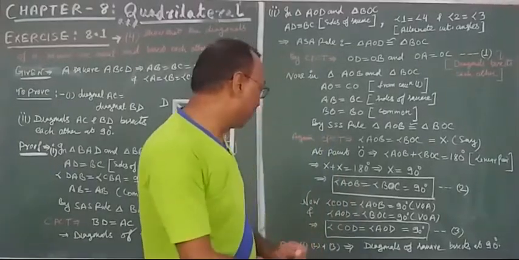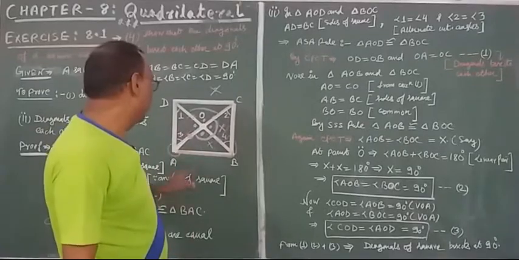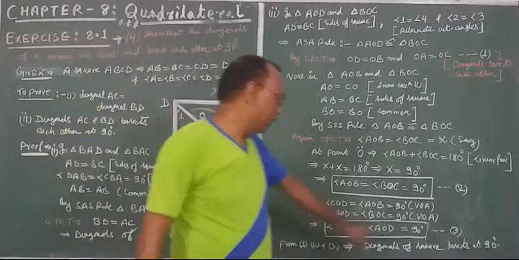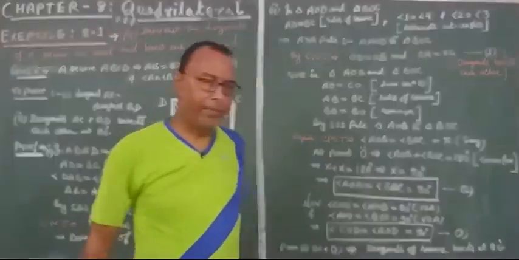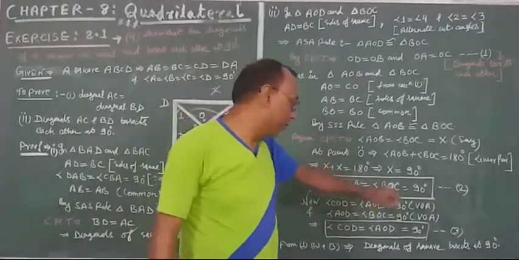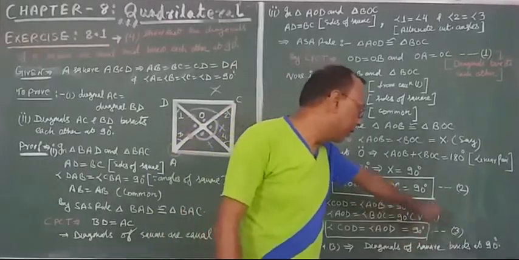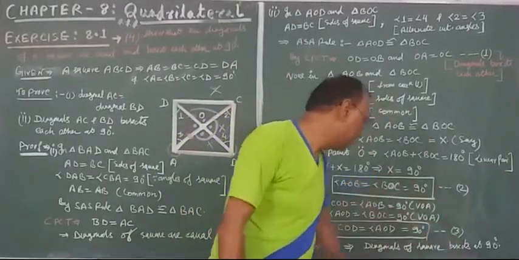So angle COD and angle AOD are also 90 degrees. Is it okay? Now angle AOB, BOC, COD and AOD are all 90 degrees. This is equation third.